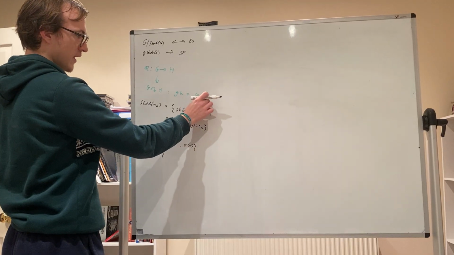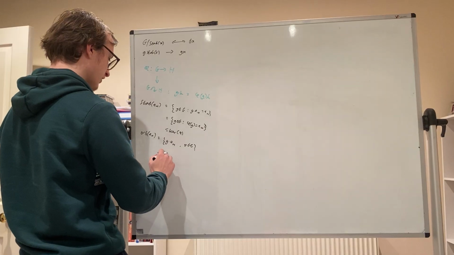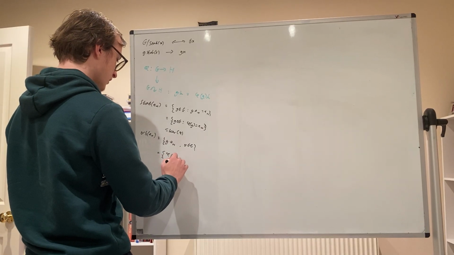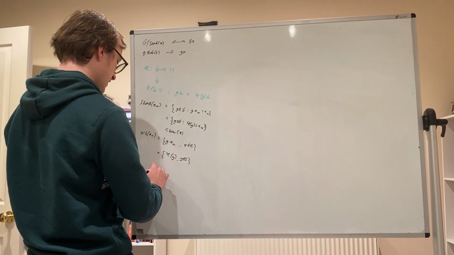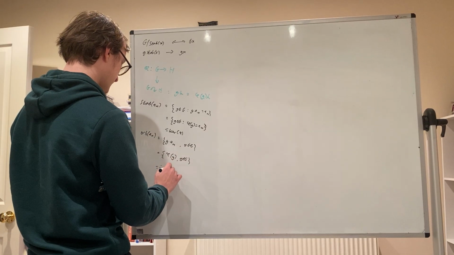This is just phi of g times h, but in this case, h is just the identity, so nothing. So this is just the set of all phi of g, where g is in G, and that's by definition just the image of phi.